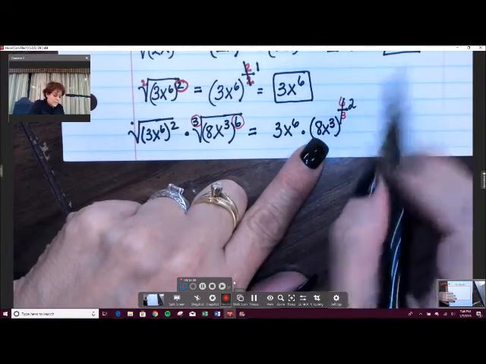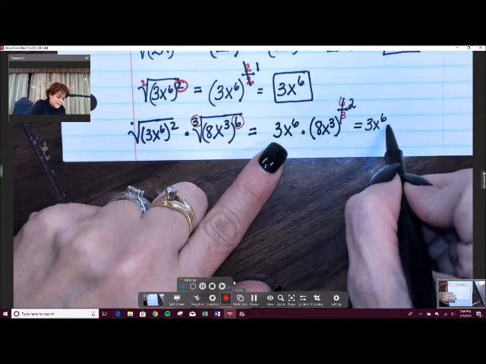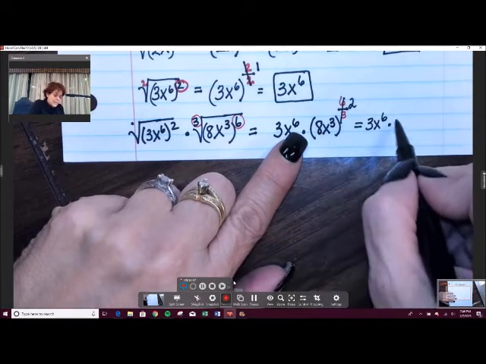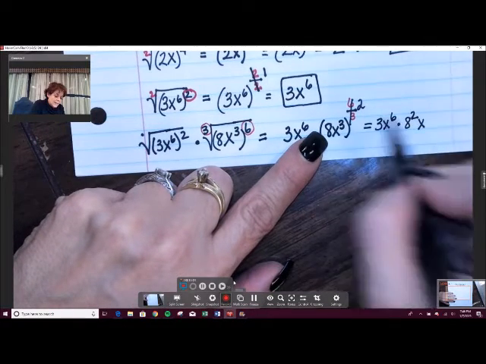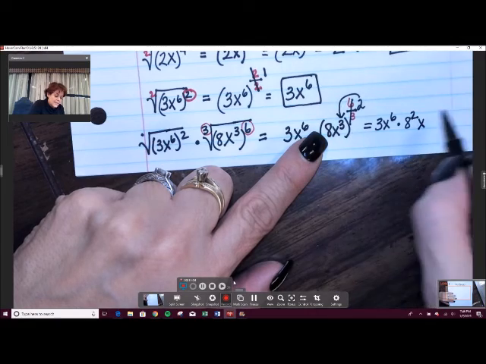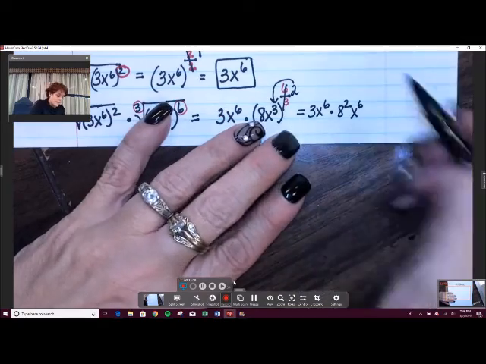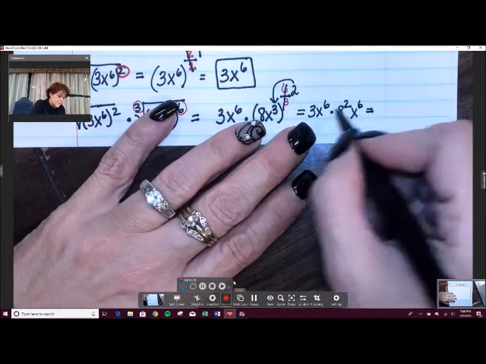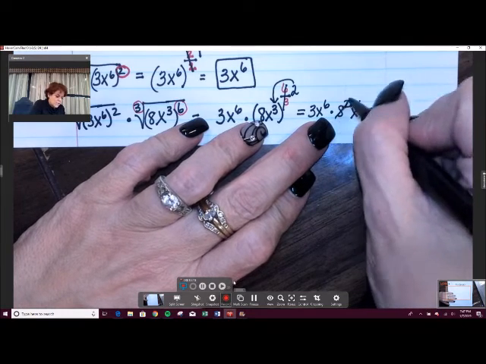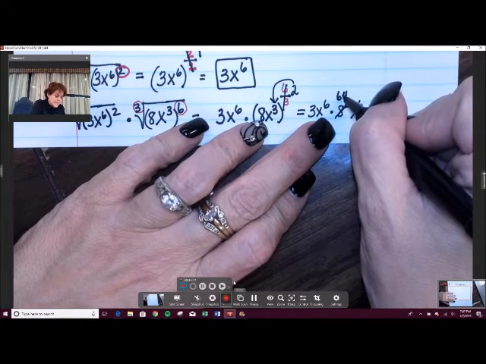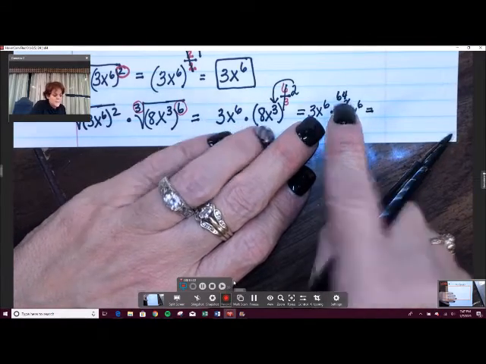All right, so I need to fix this right here. So that's going to be 3x to the 6th times 8 squared, because I have a 2, and x to the 2 times 3 is 6. All right, well, we're getting close. 8 squared is what? 64. 64 times 3.